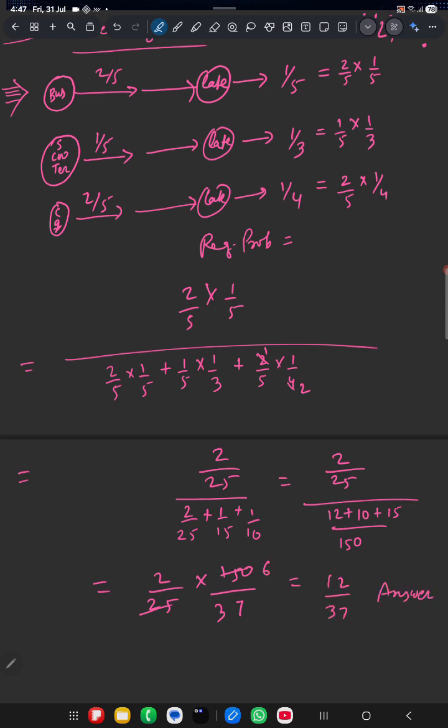Though I have drawn so much, if you do it mentally you will get this answer within a second. 12 by 37. This is the method by tree diagram.